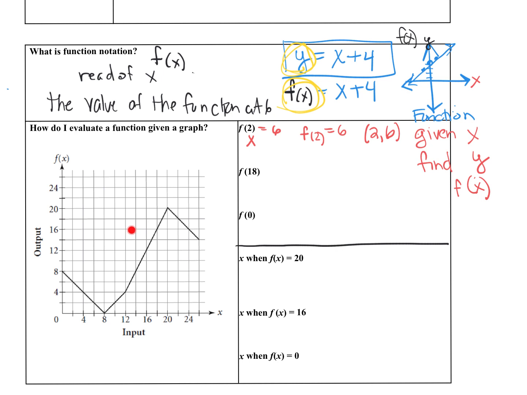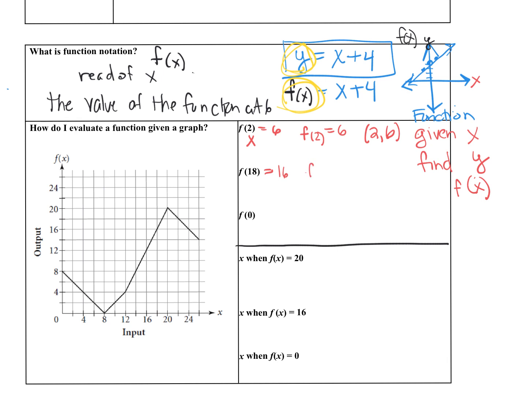Then we're going to go over and find that the corresponding y value is 16. So I started with my x, went to where it intersected with the graph, went over and found the corresponding y or f of x. And so now I can say that the value of the function when x is 18 is 16.